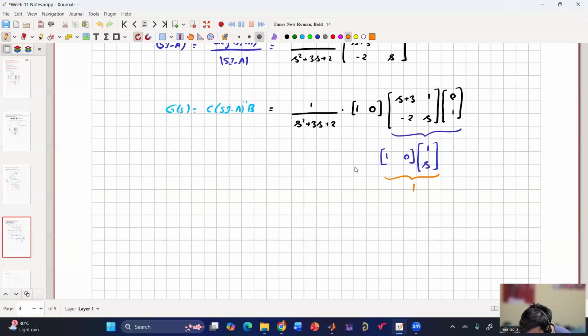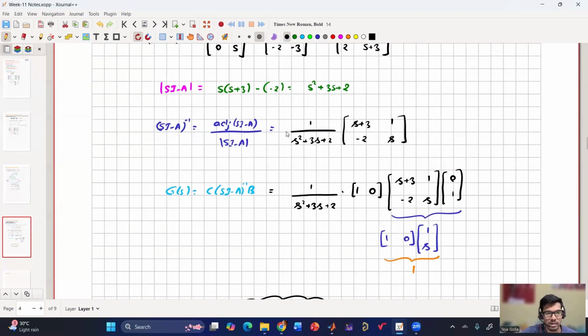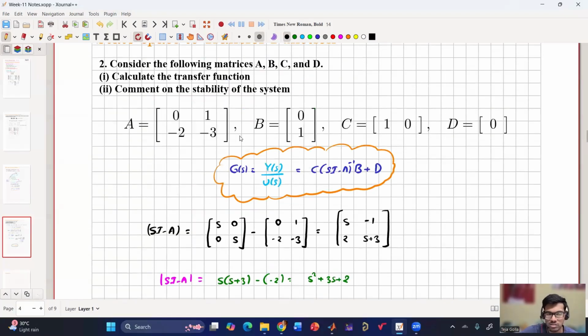So now my transfer function G of s is equal to 1 by s square plus 3s plus 2. So this is how we'll be getting G of s. This is the first part where we were asked to calculate the transfer function.